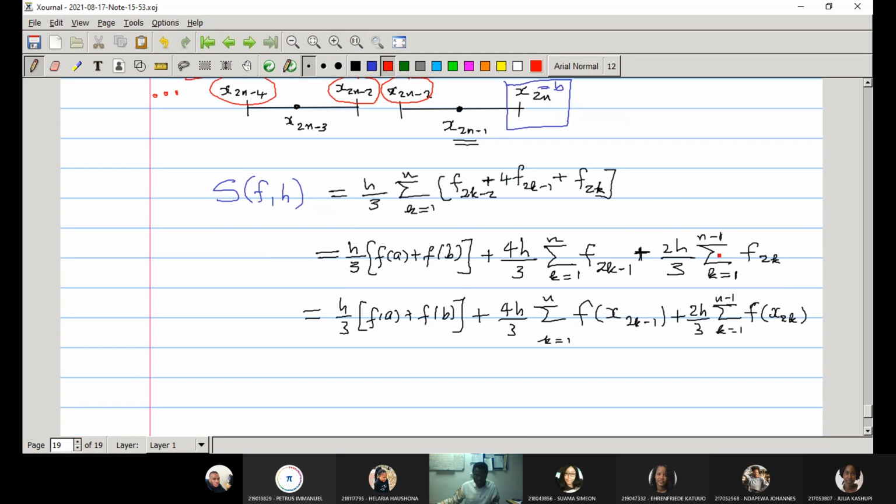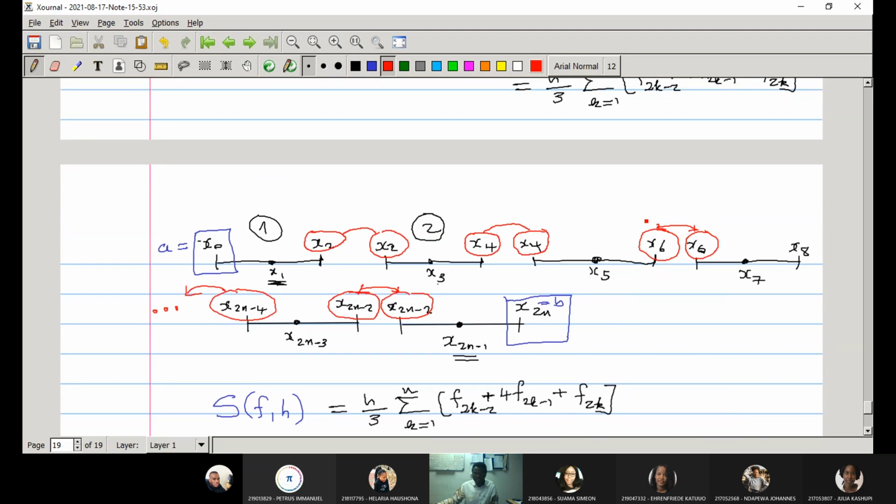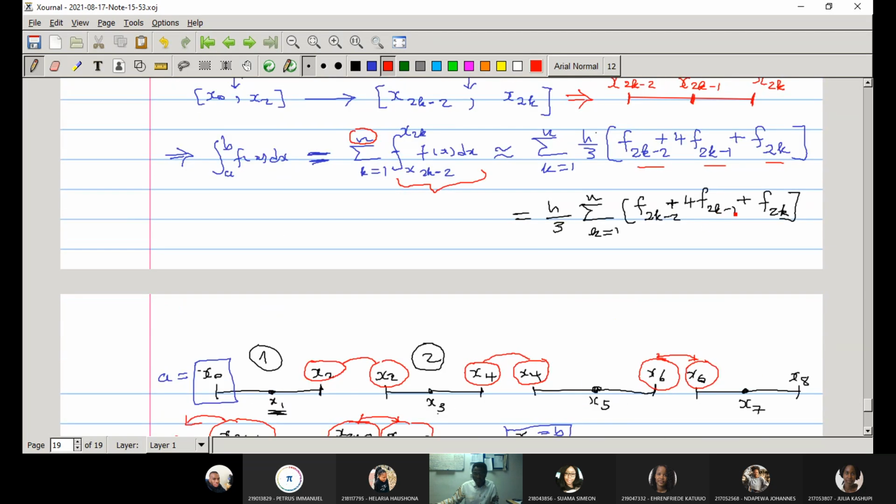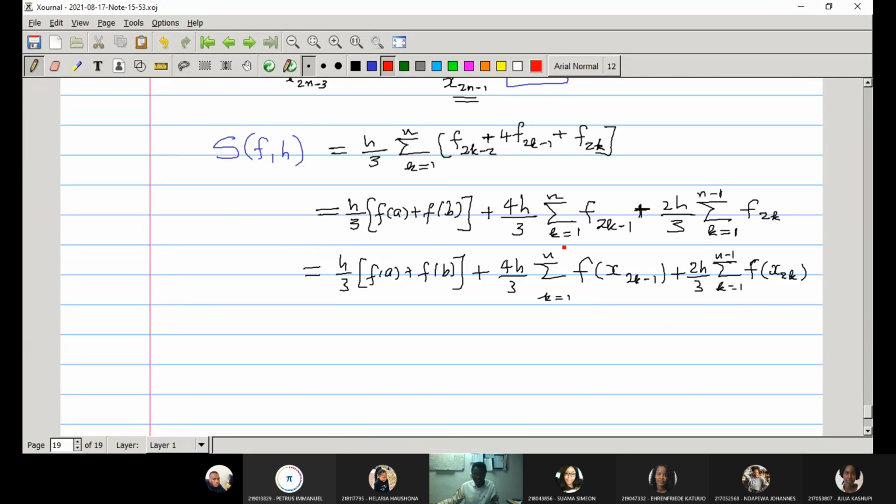So these are the points, this one. I say odd. And because the midpoint, which had an odd subscript, has a factor of 4, that factor of 4 will multiply the h by 3, so it will be 4h by 3. And that's what we have here, 4h by 3.